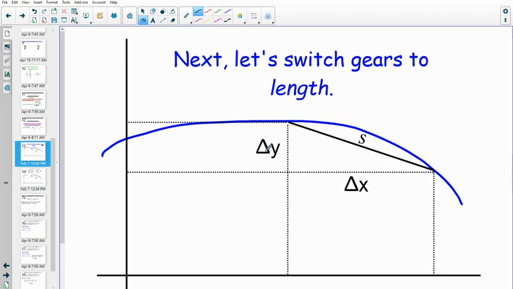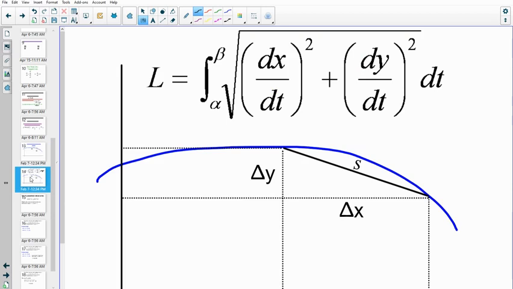Delta x squared plus delta y squared equals that distance squared. So that distance is the square root of delta x squared plus delta y squared. And I did some factoring and simplifying to give the equation for the integral of arc length. If you remember it, great. If you don't remember it, it looked something like this.